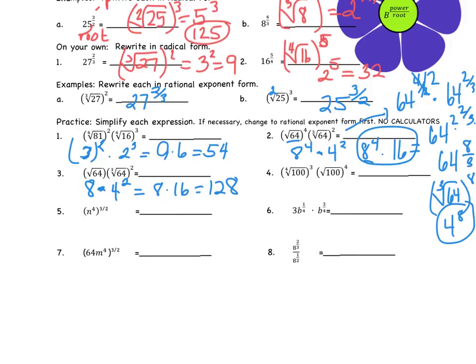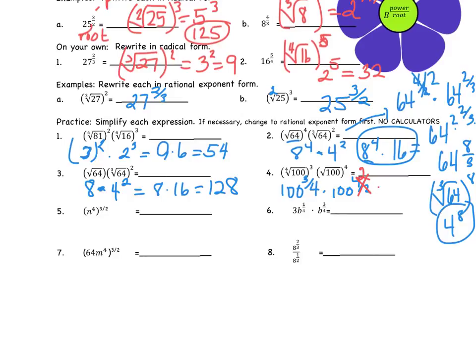All right, looking at the next one, number 4 here, I am going to go change those. So this becomes 100 to the 3/4 power times 100 to the 4/2 power. Again, that 4 over 2 simplifies into 2.